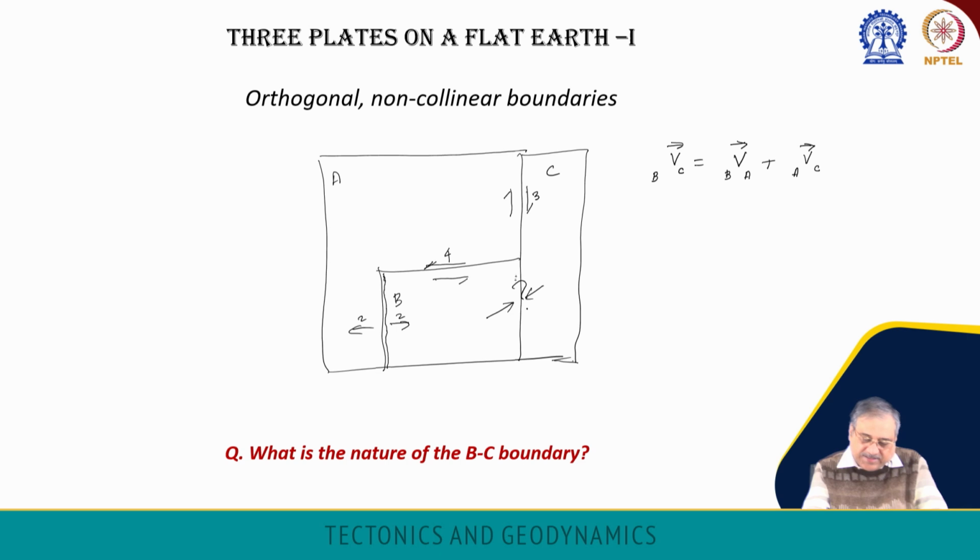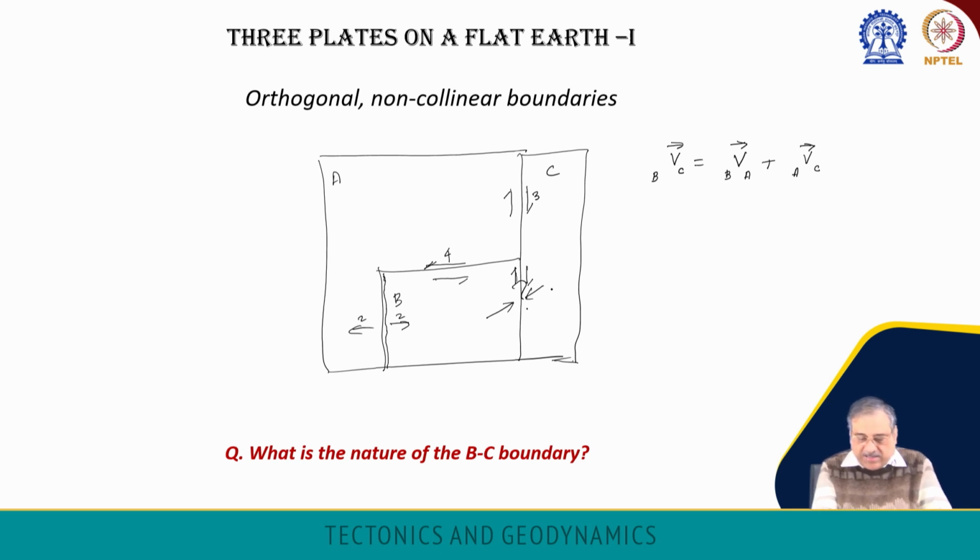So it would be in that sense that you'd have a component this way and a component this way. So you'd have a component of dextral strike slip movement associated with this. Nevertheless, this boundary is predominantly a convergent boundary, because there is a significant component of the velocities which are acting towards the boundary itself, which means that there must be convergence.